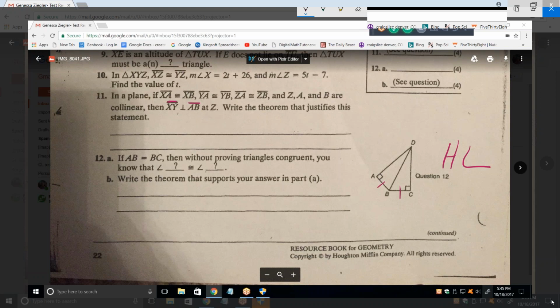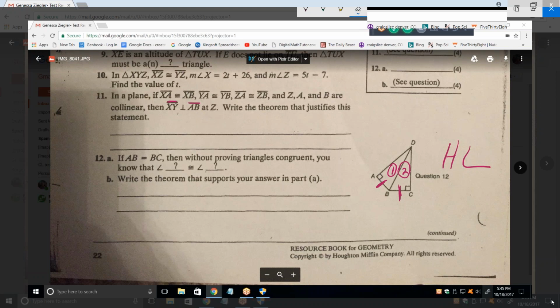In other words, we have the same hypotenuse in triangle 1 as we have in triangle 2, and one of the sides are the same in the right triangle, so we know they're congruent. And that means that all these angles are equal to one another.